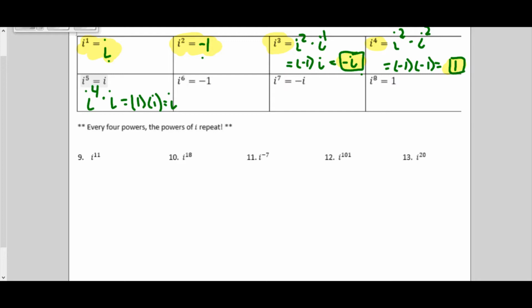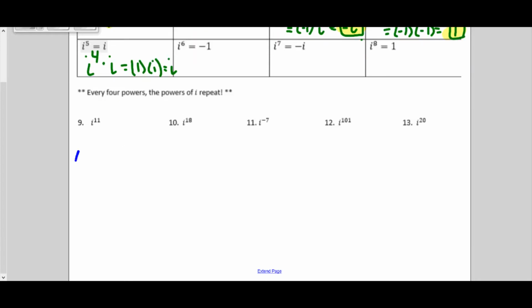In number 9, we have i to the 11th. Since the pattern repeats every 4 powers on i, I'm going to subtract 4. I want my power on i to be between 1 and 4. If I subtract 4 from 11, I get i to the 7th, so these are equivalent.